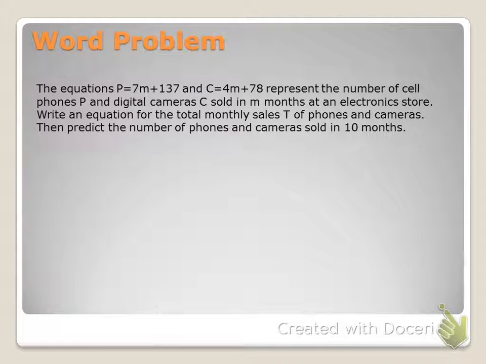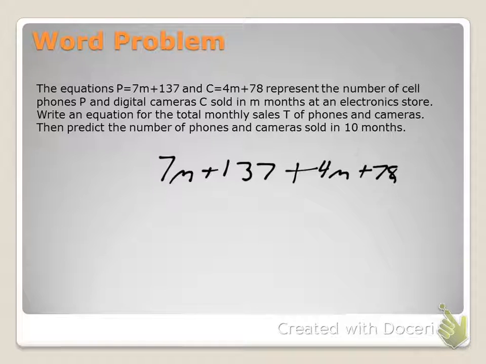So we're going to take the two equations, 7M plus 137, 4M plus 78. We're going to add these together, and then what does the problem tell us that it wants us to call this equation?